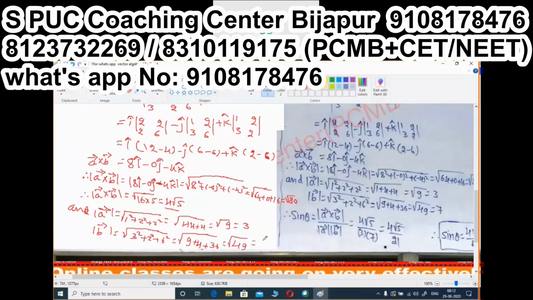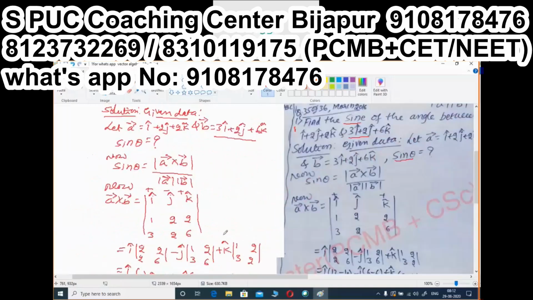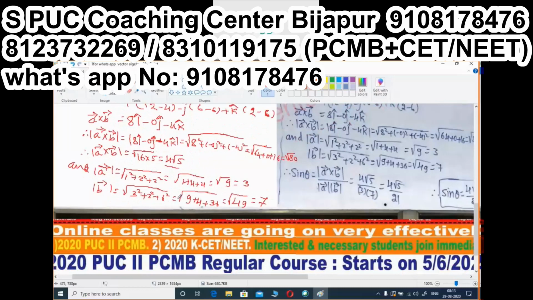Root 49 means 7. Once you obtained all those, you just have to substitute in this equation, that is sin theta is equal to modulus of a vector cross b vector divided by modulus of a modulus of b. Once again, if you'd like to write and substitute, no problem.